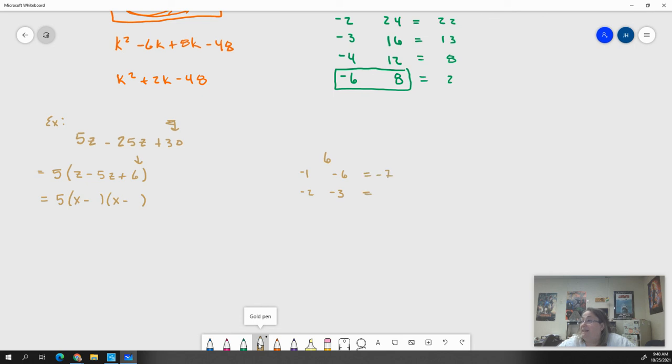When I add these together, I get negative 5. And that is what I'm looking for, which is good because these are the only factors that are available for 6, right? And so we could just put in 2 and 3. Right? So look for a greatest common factor first. It makes your life easier, right?